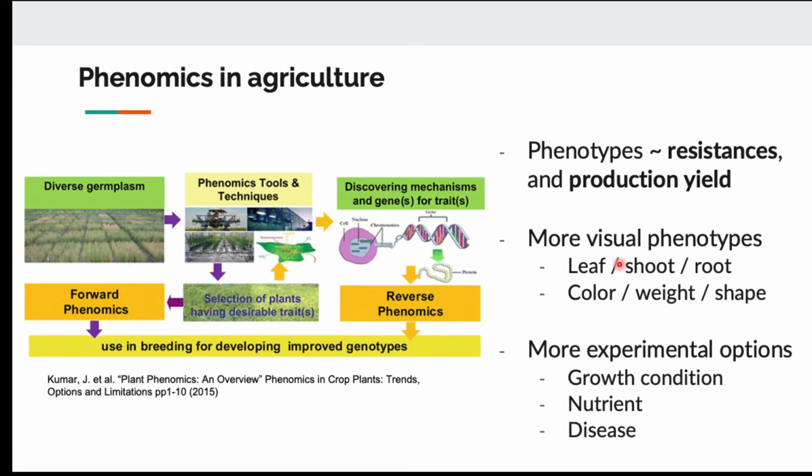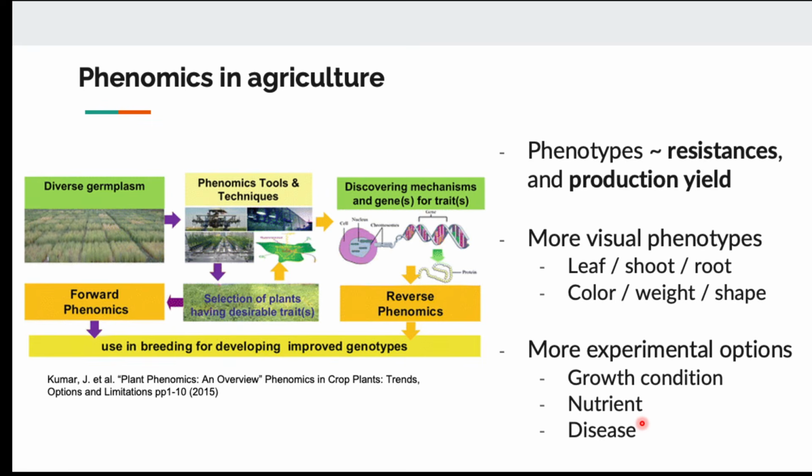The root might respond to water and nutrients more strongly, so we can see more visual phenotypes as well. And we have more control over the experimental options. In animals, you might not want to introduce disease intentionally, but in plants, we have some model systems where we can introduce disease, introduce other factors.